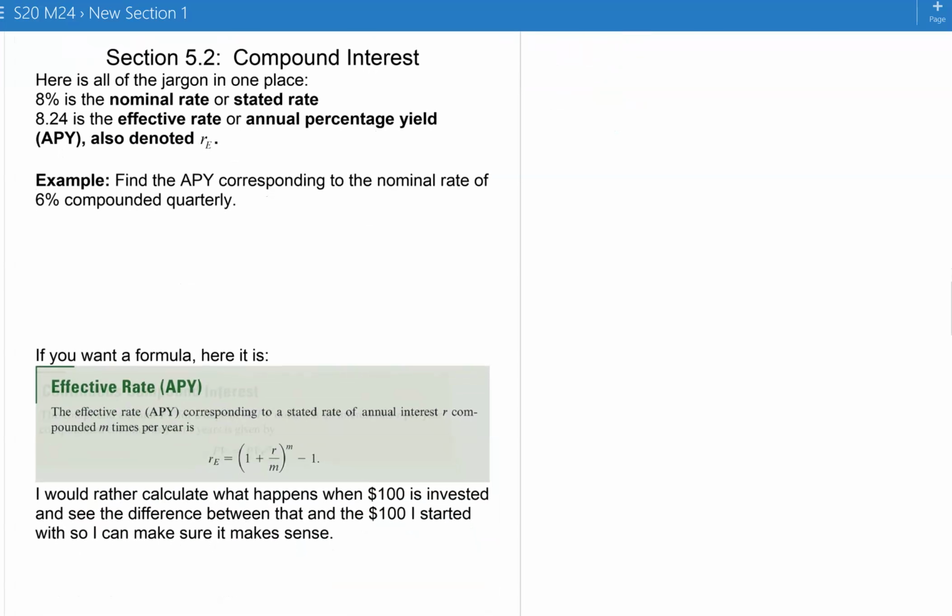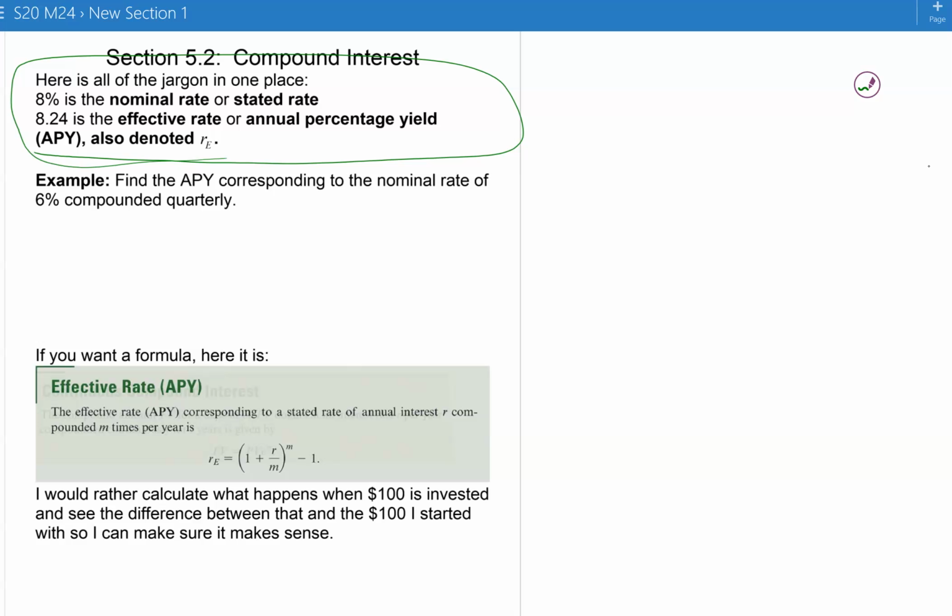So I thought it might be helpful to put all of that in one place here. So 8% is the nominal rate, or it's also called the stated rate. Then 8.24% was the effective rate, because when you compound it, they effectively get more money from you. Or it's also called the annual percentage yield.